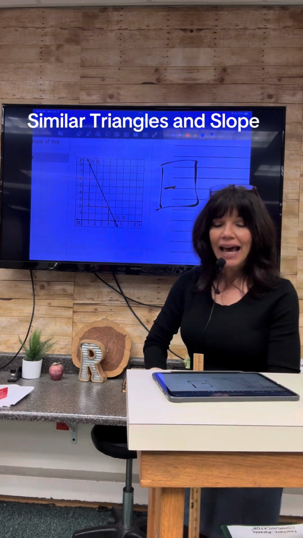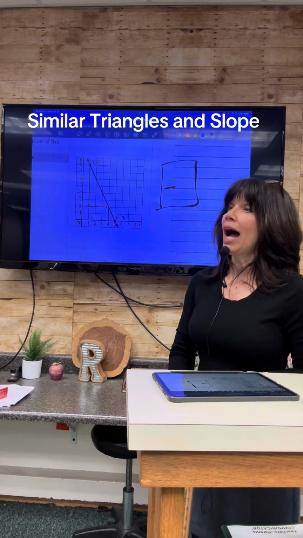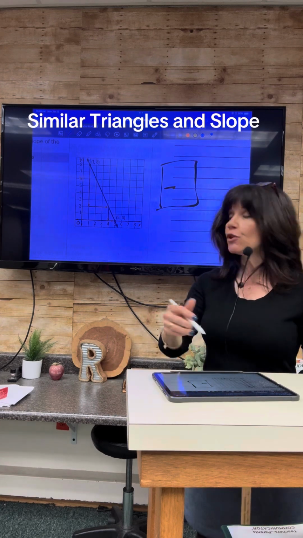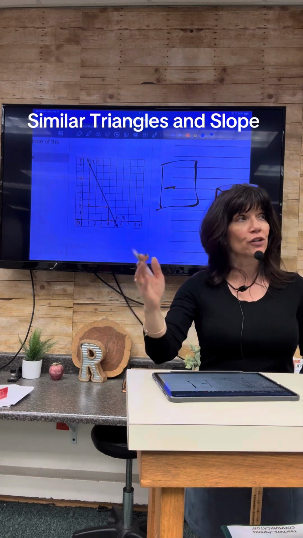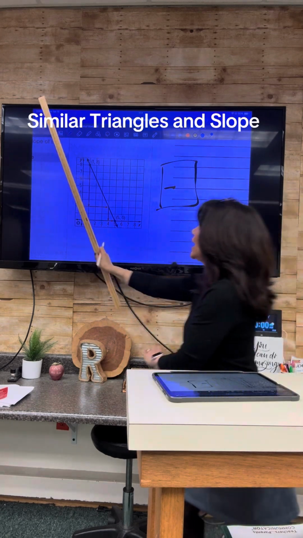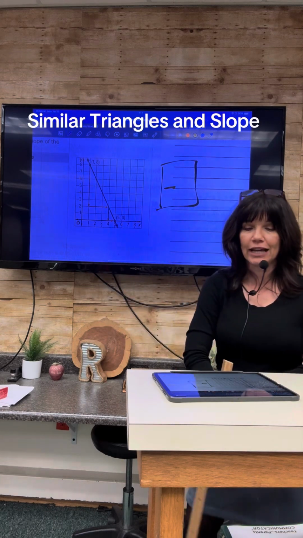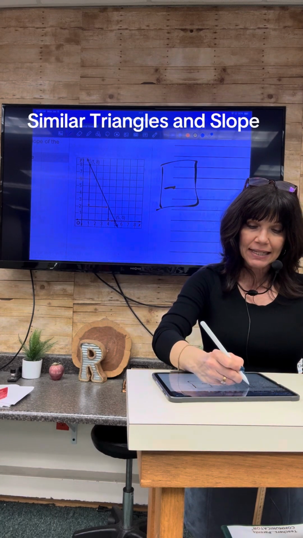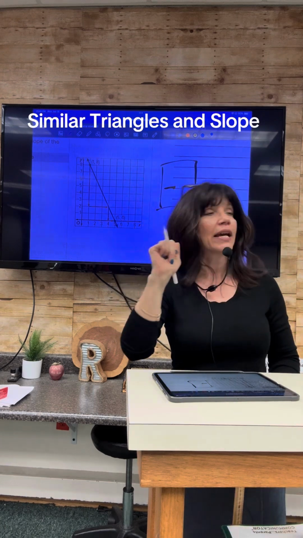Excellent job. And then ask yourself, how many spaces did they go for the vertical line? Again, you don't have to worry about if it's going up or down. You just count how many spaces. We already know the final slope will be negative because it is a negative slope when we do the left to right test. All right, count those spaces. How many spaces? And let's look at the numbers. This time they have numbers.